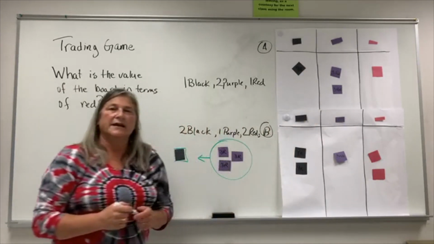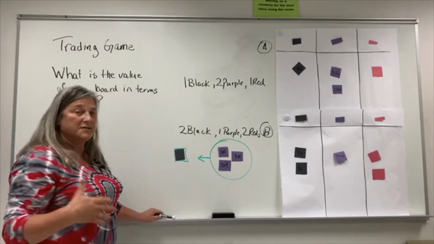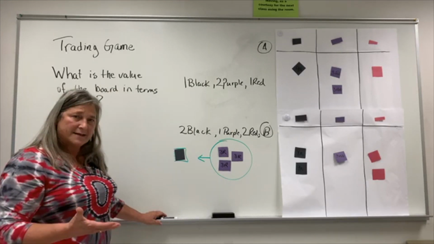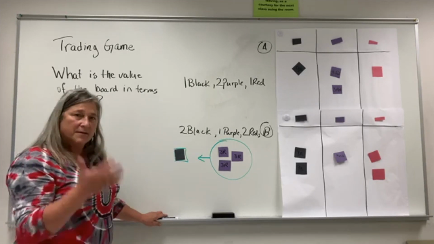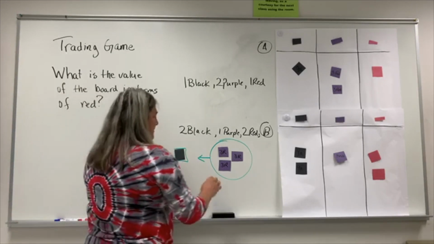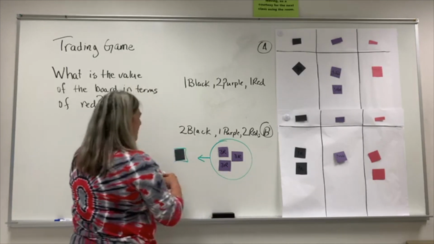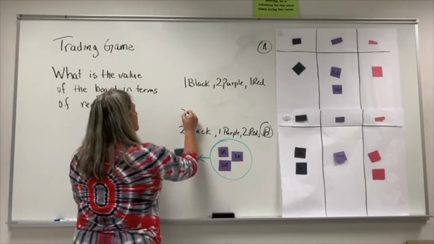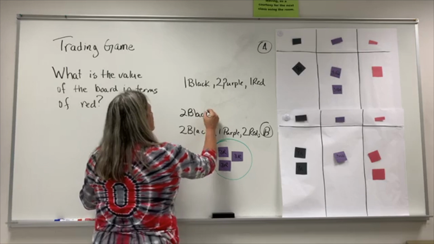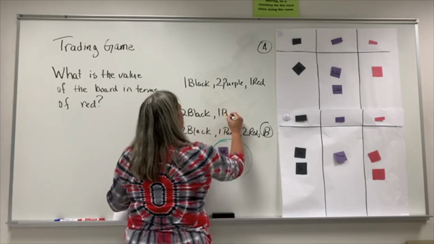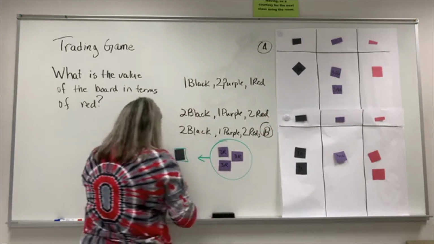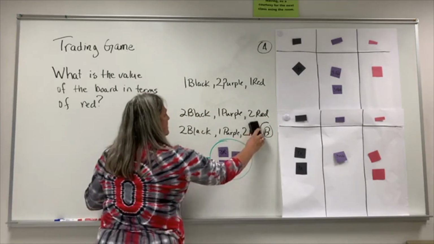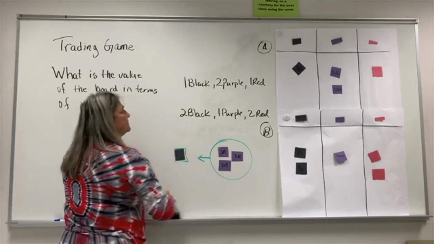Now we can start comparing these numbers because we can change them all to reds. And when we change them all to that constant, then we can compare them together. So let's look at what we have here. So I'm going to move this one up just a smidgen. All right. So now let's look at what we have.